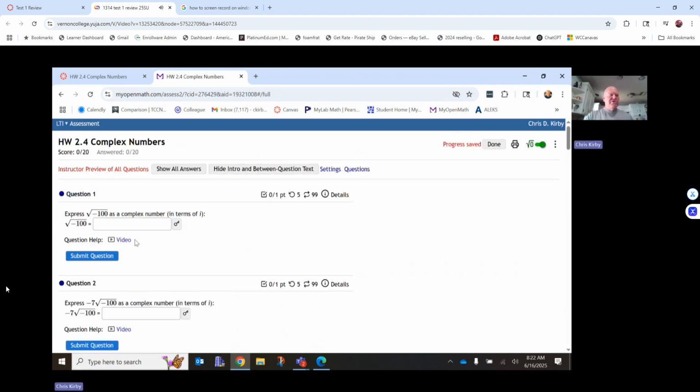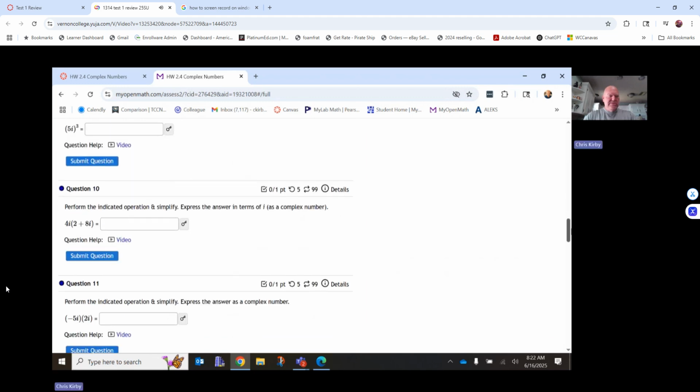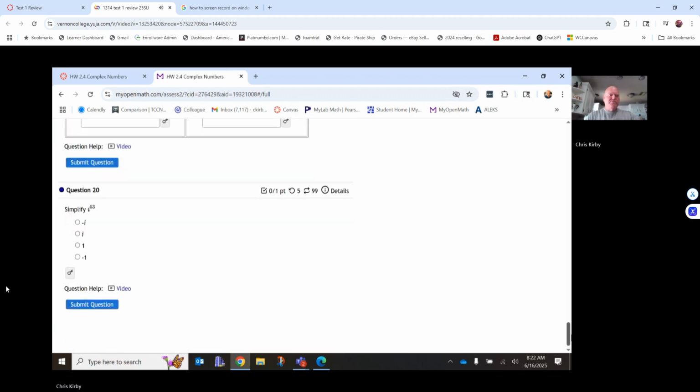All right, section 2.4. From section 2.4, question number 20 will definitely be on the test. So you go down to question 20, and there it is.